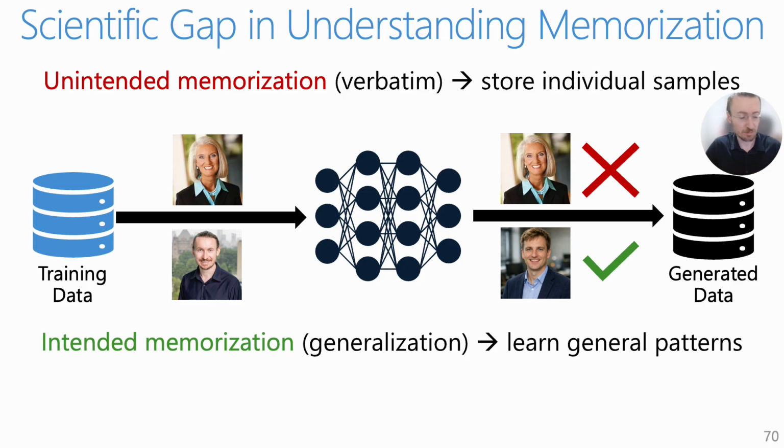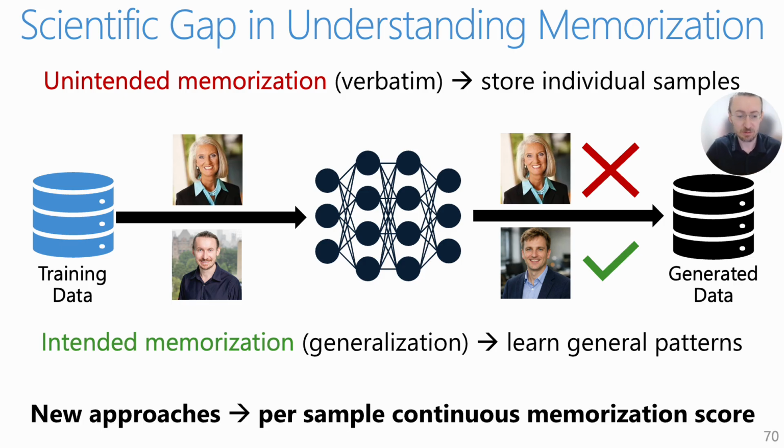However, as of now, what we still want to achieve is new approaches that can actually measure memorization of the samples during training as a continuous score. We would like for each sample to identify if a sample is highly memorized, having a high score, versus low memorization, so the sample is not memorized.